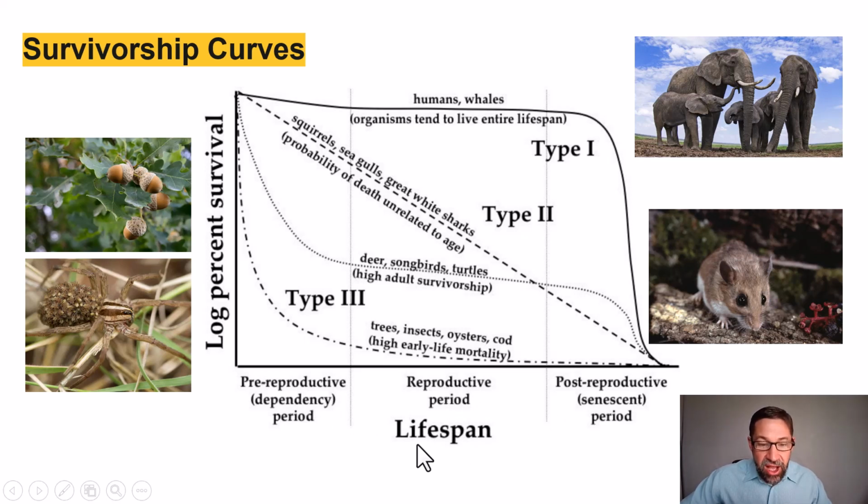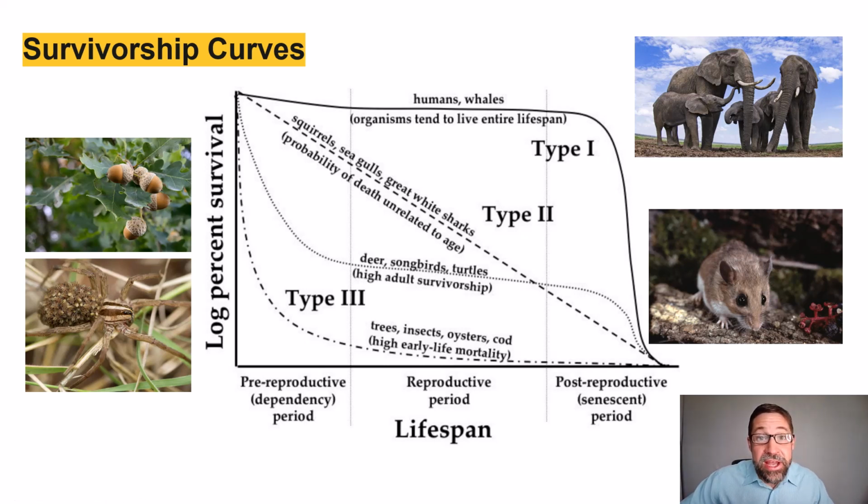X-axis is lifespan, so here's pre-reproductive, the dependency period, these are the young and the juveniles. Here is the adult period and the post-reproductive or senescent period. So this is the oldest age class here on the far right. The Y-axis is just survival, and then it's been normalized on a log scale.